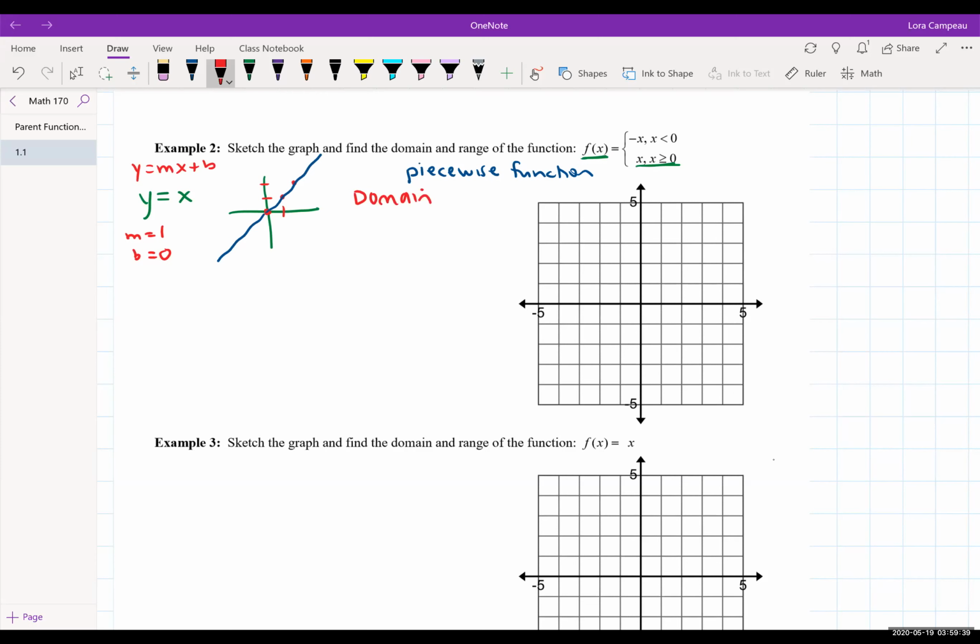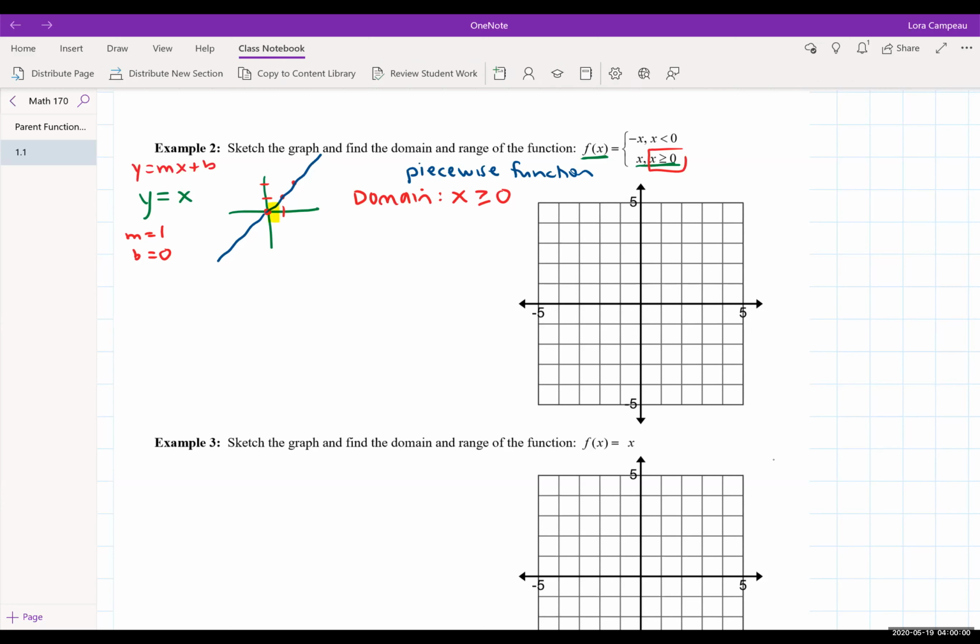It looks like for this particular piece, they're describing that the domain is all values of x greater than or equal to 0. So if I'm playing with that idea, I go back to the idea of a number line, one-dimensional. I'm going to look at the x-axis, and I will highlight all the x values greater than 0. And that's everything to the right of the origin.